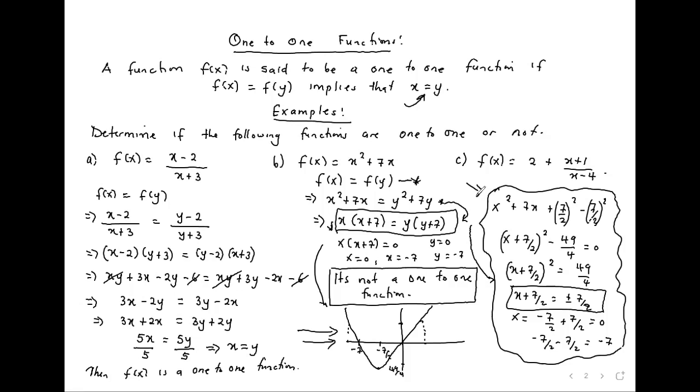So I was like, this guy's going to give me the same. And I tried some numbers, they were coming out different, so I was like, it's one-to-one. But then you realize that if you try to use some numbers like -7 and 0, two numbers will give you the same thing. That's why trying examples is not sufficient for proving that something is one-to-one or not.